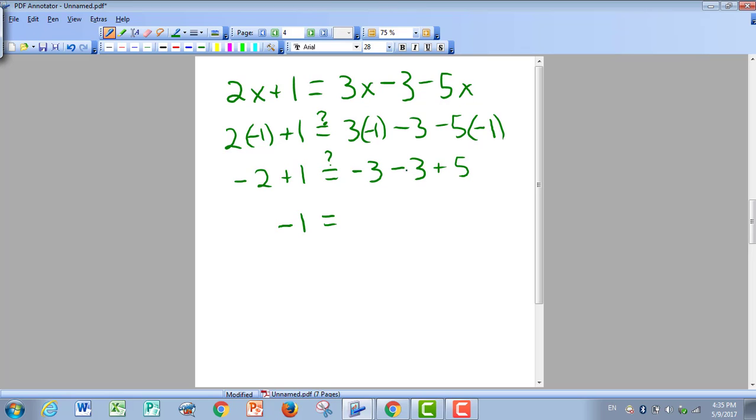Negative 3 minus 3 is negative 6 plus 5. Does this equal negative 6 plus 5? And it does, because that equals what? Negative 1. Negative 1 equals negative 1. And we are correct. So this is checking the answer.